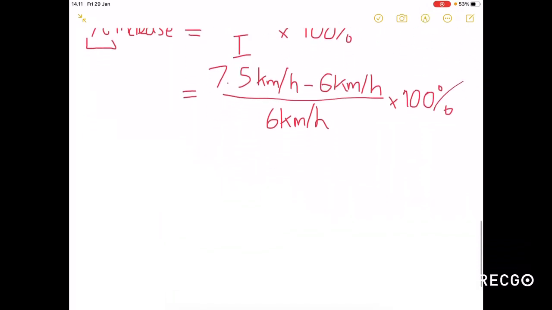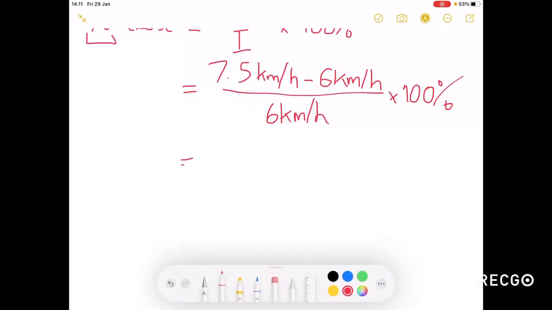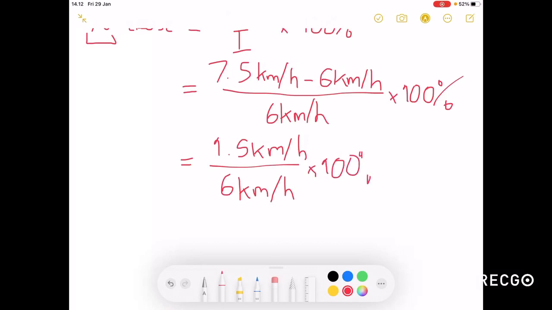Alright, looking at the numerator, we'll get 1.5 kilometers per hour over 6 kilometers per hour, and remember this is multiplied by 100%. Notice the units will cancel, and you can just represent this as 1.5 over 6.0.